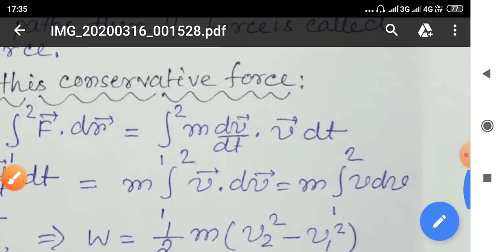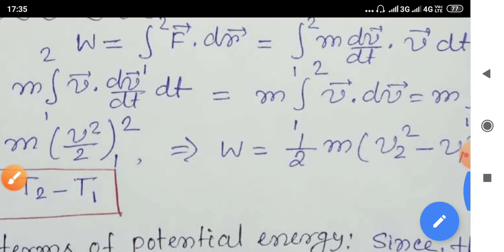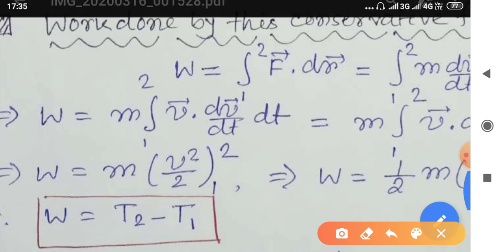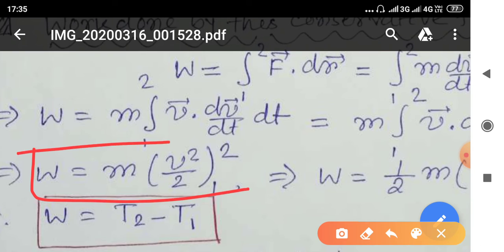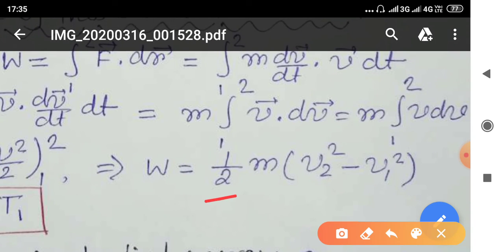So it gives you m integration 1 to 2 v dot dv, and it is nothing but v dv, since the dot product of the same quantity gives you the scalar multiplication only. So now our work done W becomes, if we do the integration, m v square by 2 from 1 to 2, and W becomes half m (v2 square minus v1 square).